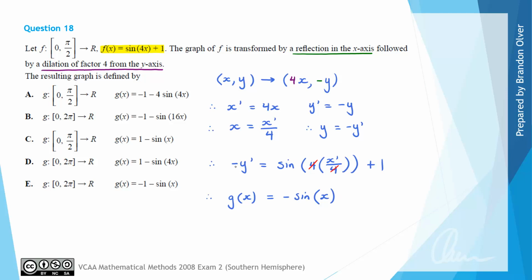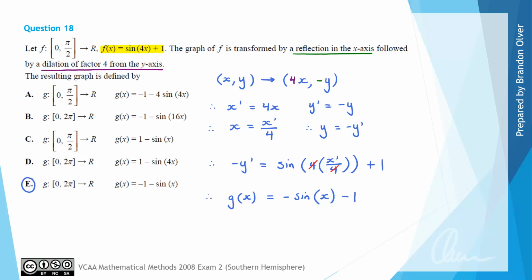Importantly, this negative also affects the positive 1 at the end to become negative 1. So we're looking for a rule that is negative sine of x subtract 1, which is the same as negative 1 subtract sine of x. So that makes E the correct option.